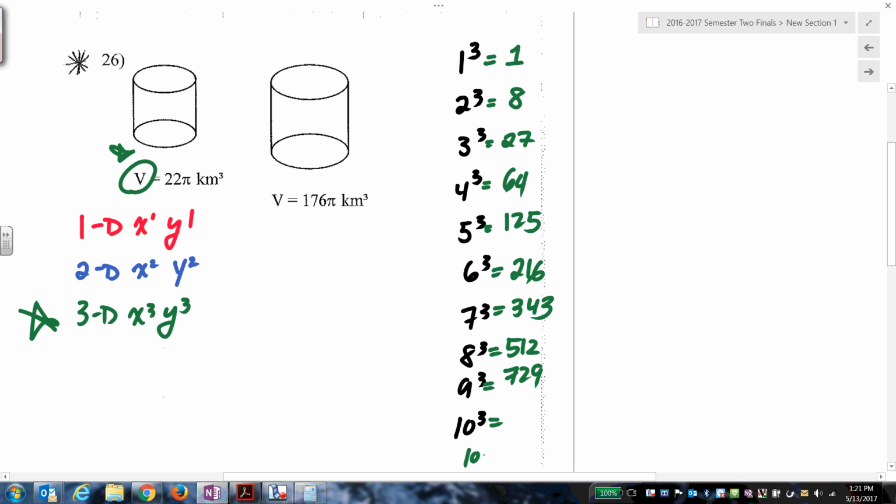And then 10 times 10 times 10, of course, is 1,000. There's your list of the first cube roots.